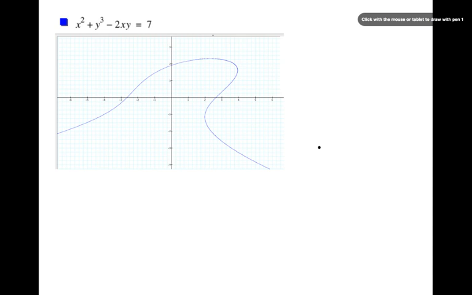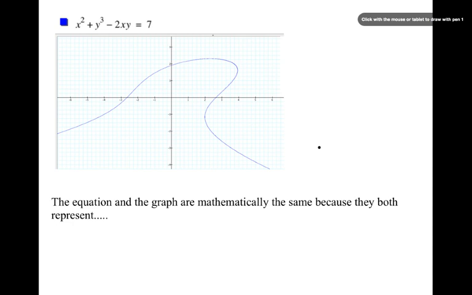So it's values of x and y taken together that either make that true or are points on that curve. So they both are representing what? The same set of points. Okay? The equation and the graph are mathematically the same because they both represent a set of ordered pairs.